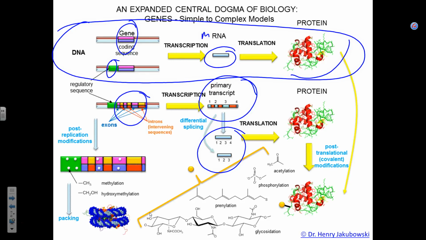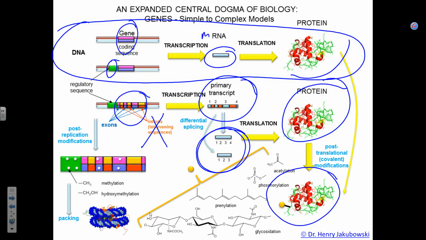Introns have to be cut out. That makes sense? And then those processed transcripts will be translated into protein, which then can be further modified via adding different chemical groups. Does that make sense?